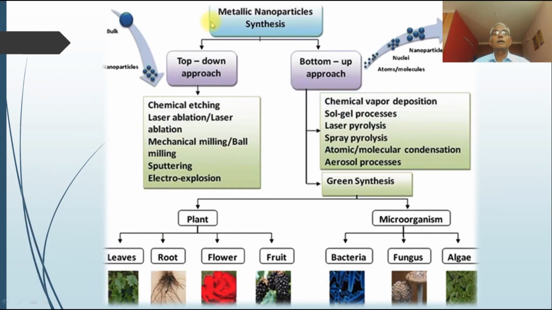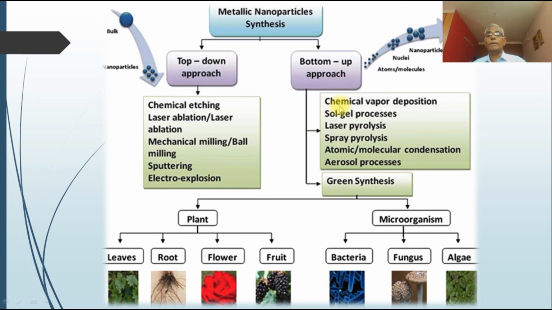Now for metallic nanoparticle synthesis, as I told you, there are two approaches: top down, from big size to smaller size, and bottom up, from molecule to molecule to a desired size. In the bottom up approach, atoms or molecules go to a nanoparticle size, and in the top down approach, bulk goes to nanoparticles. In the top down approach, there are chemical etching, laser ablation, mechanical milling or ball milling, sputtering, and electro explosion.